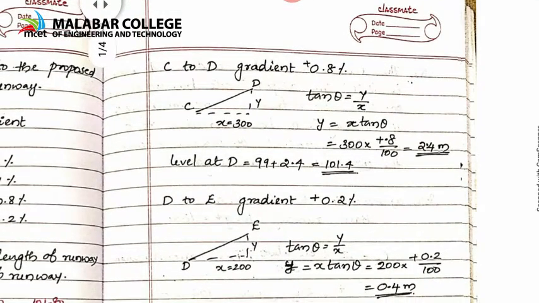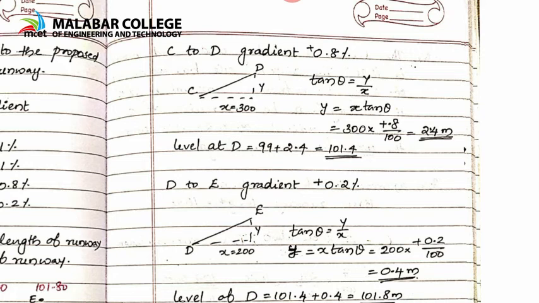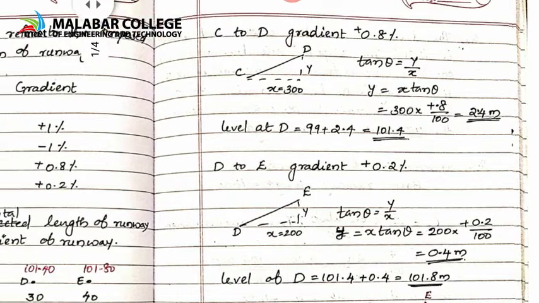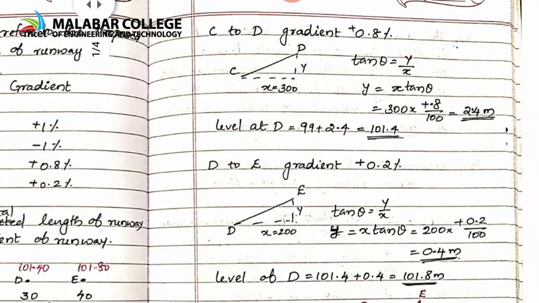Then substituting the values, 300 into plus 0.8 by 100, that is equal to 2.4 meter, which means the point D is 2.4 meter above C. The level at D is 99 plus 2.4, 99 is the level at C, plus 2.4 is equal to 101.4.